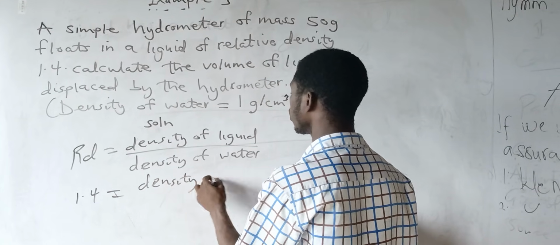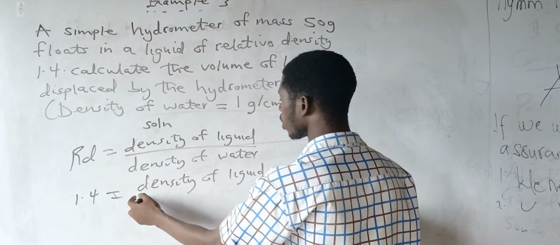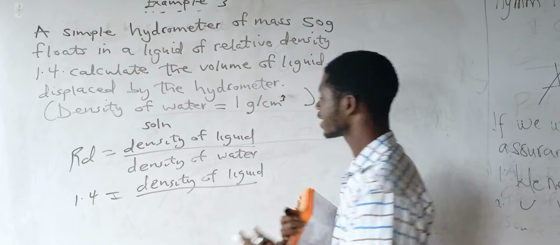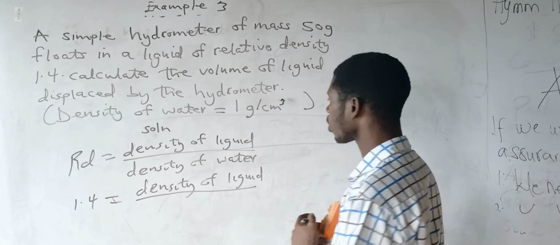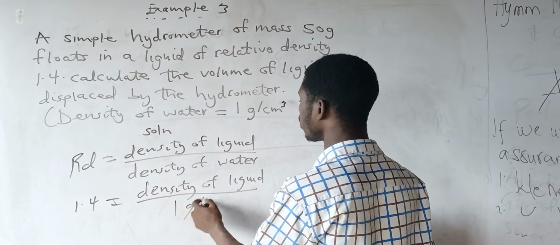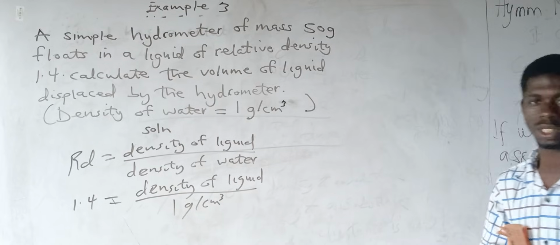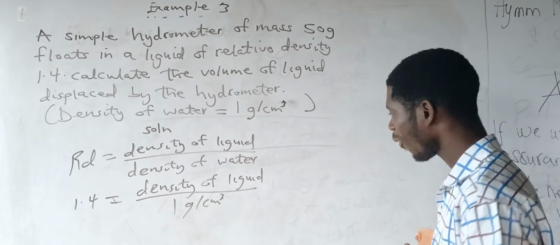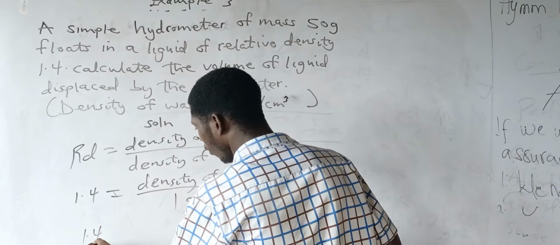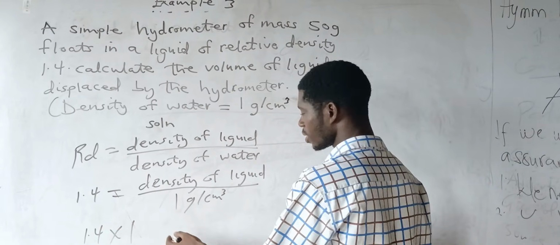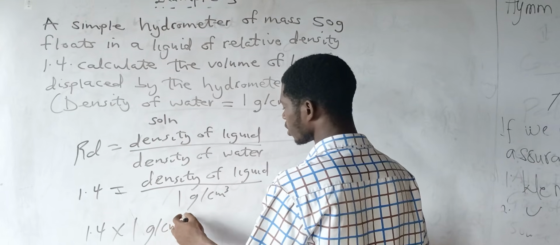Density of liquid over the density of water, which was given as 1 gram per centimeter cube. Now you can cross multiply and find the density of liquid. So 1.4 times 1 gram per centimeter cube.